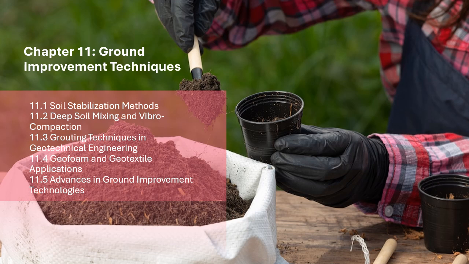4. Erosion control. In areas prone to soil erosion, geotextiles provide a protective barrier to prevent the loss of soil particles. They are particularly useful in stabilizing slopes, embankments, and coastal areas by reducing the impact of wind and water erosion.